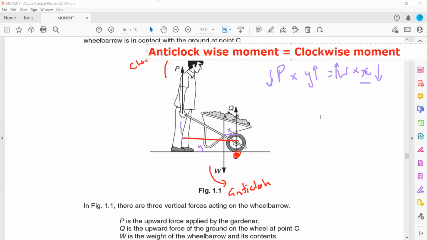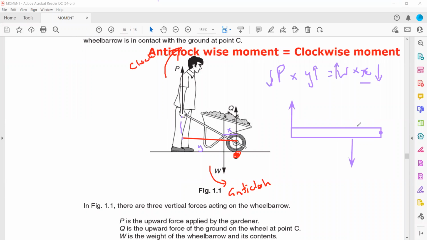And weight is acting closer to the pivot, that's why it is larger. So whenever we want to balance two objects by different forces, a force which is acting away from the pivot is much smaller as compared to a force which is acting closer to the pivot.